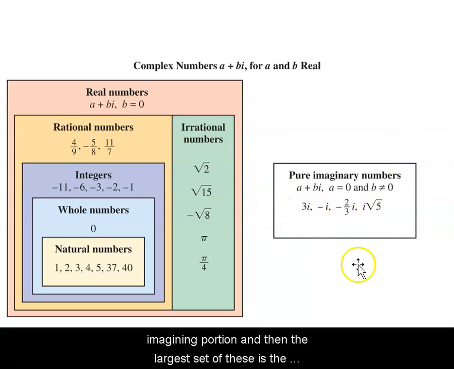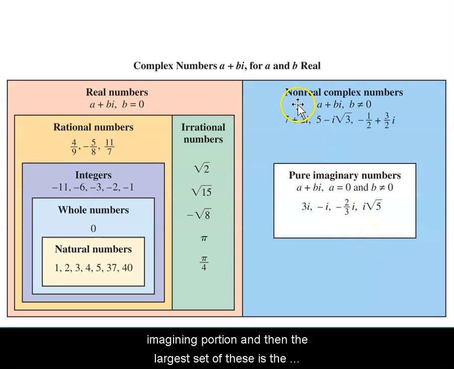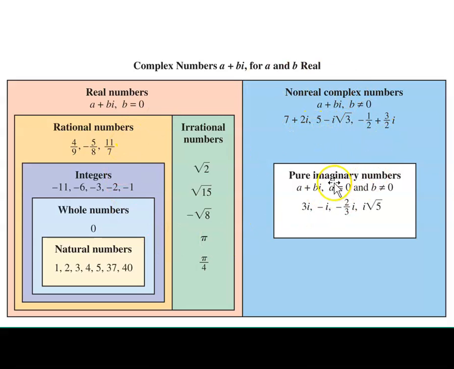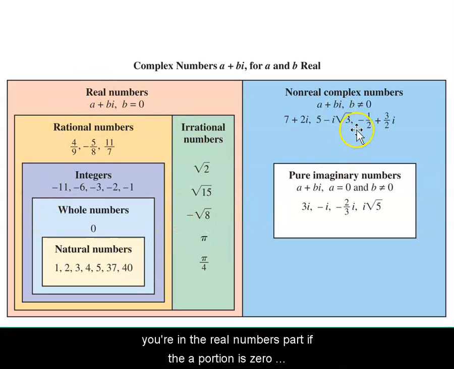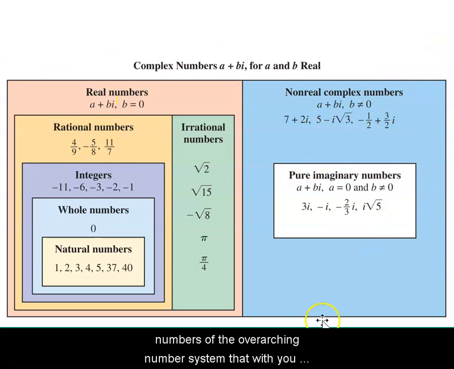And then the larger set of these is the non-real complex numbers, the ones that are complex, 7 plus 2i, etc. So in reality, the entire system as a whole is a complex number system. Because if the bi portion is 0, then you're in the real numbers part. If the a portion is 0, then you're in the imaginary portion. So all of these are really just complex numbers.